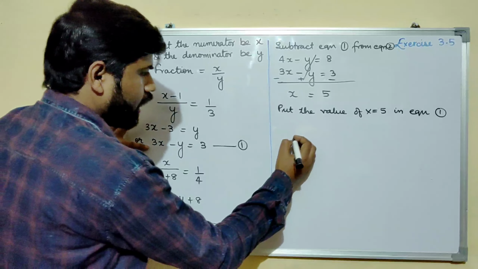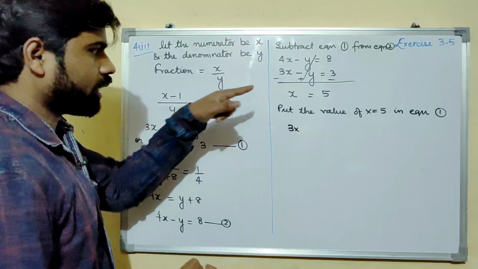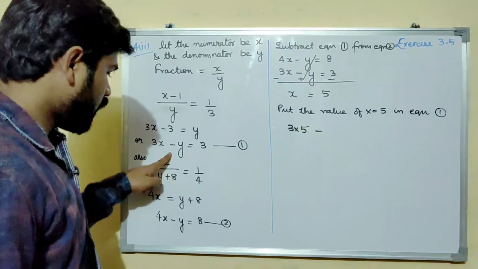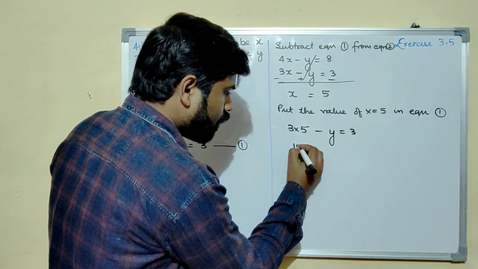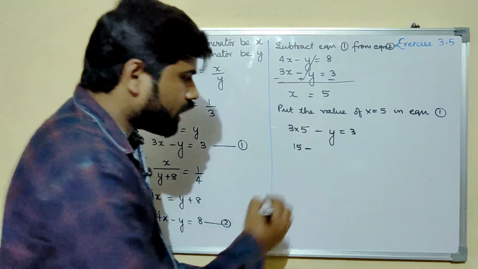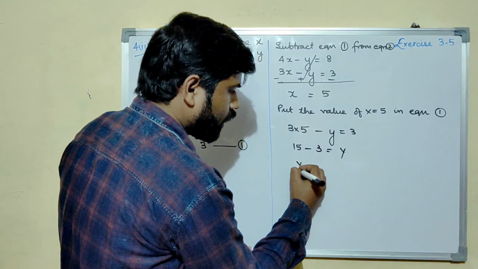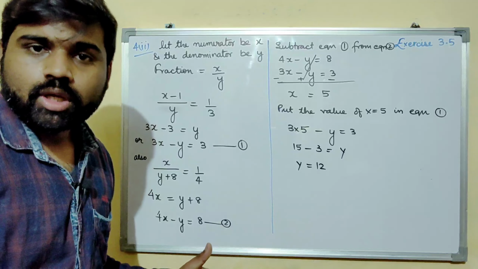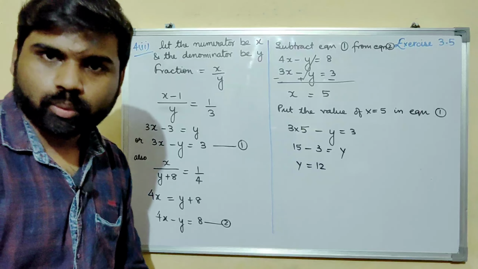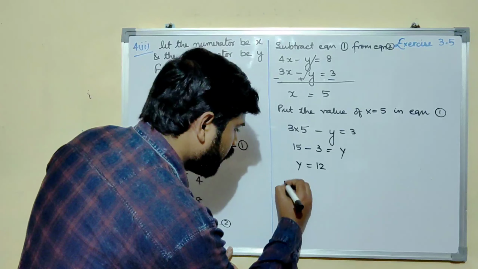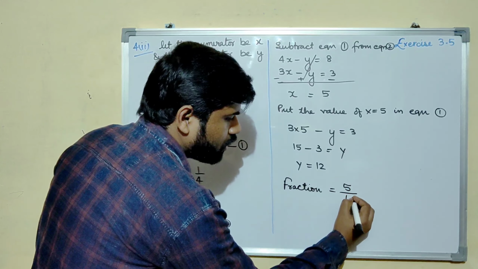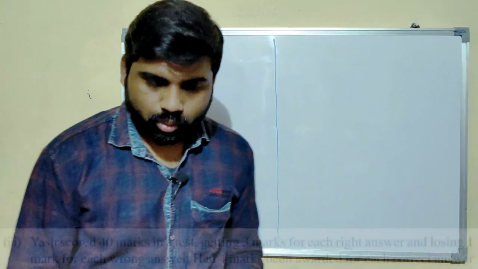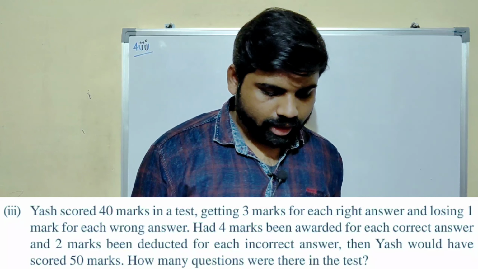So you will get 3 into 5 minus y equals 3. 3 fives are 15, minus, bring this 3 to the left hand side, 3 equals y, or y equals 12. So the value of x is 5 and the value of y is 12. That means the fraction x upon y will be 5 upon 12. Simple.